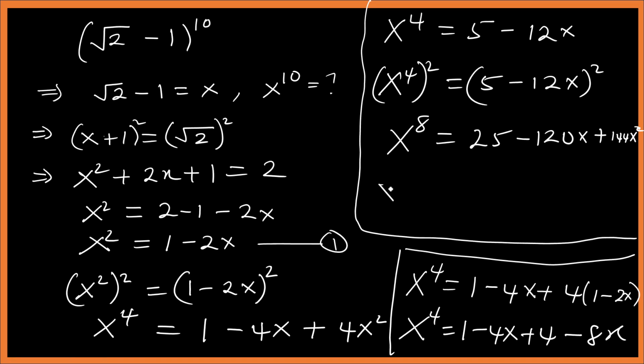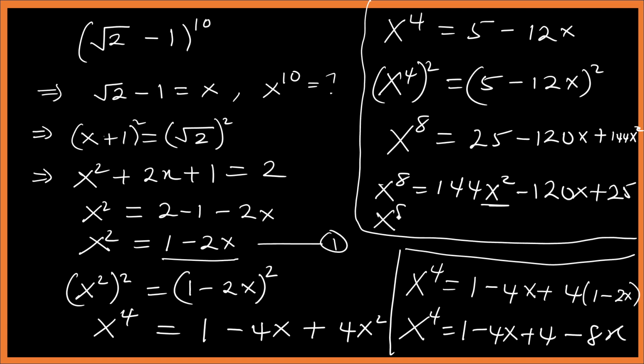So x to the power 8 is 144x squared minus 120x plus 25. Okay, so we can still do substitution. We have x squared here, and x squared is 1 minus 2x. So we have x to the power 8 equals 144 times (1 minus 2x) minus 120x plus 25.